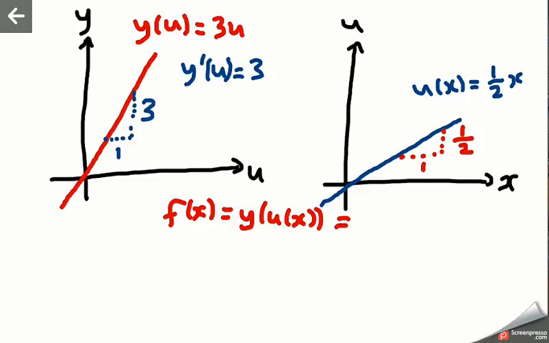So y of u of x is going to be 3 times u of x, so 3 times a half times x, and 3 times a half is 1.5, so it's going to be 1.5x. And that's a line as well. And so we can see immediately that f prime of x is equal to 1.5. But anyway, let's go ahead and make the observations that we were going to make first.